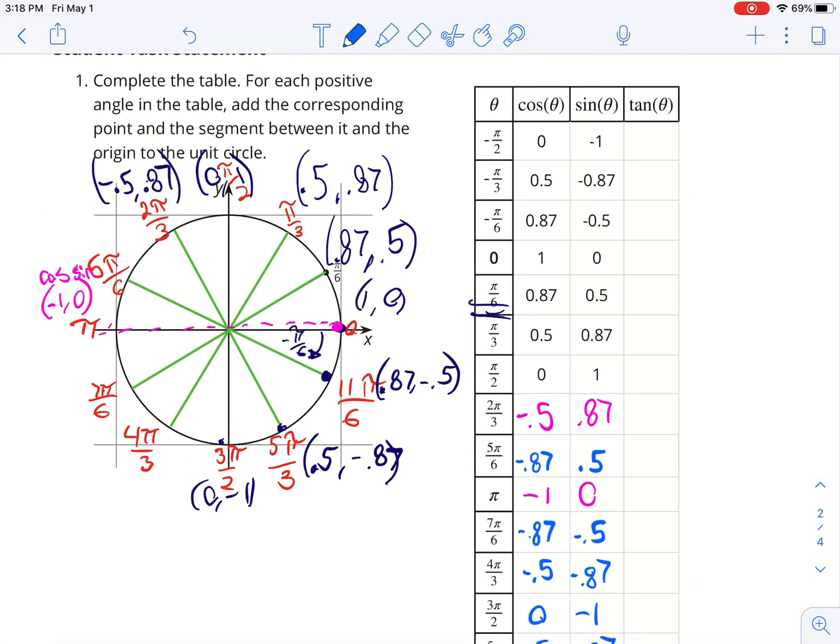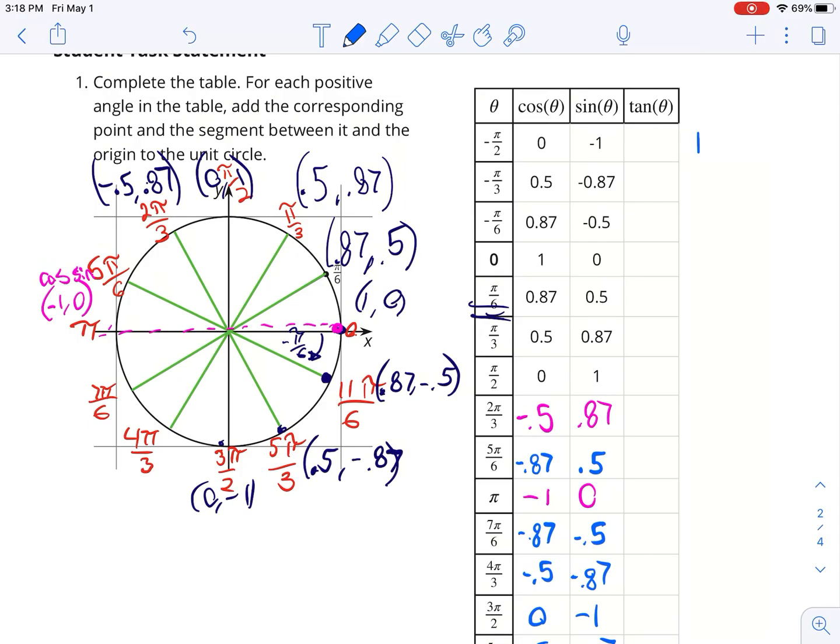So with tangent, once again, the way you find tangent is you take, let's go ahead and do another one. Let's do tangent of pi over 6. When you're taking this, you take your sine and you divide it by your cosine.